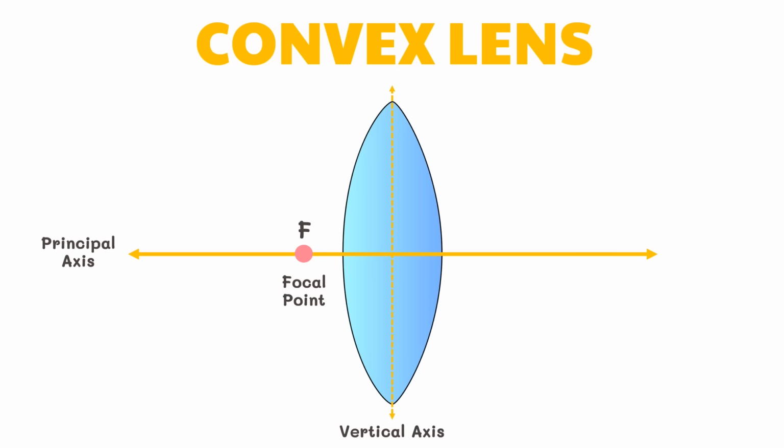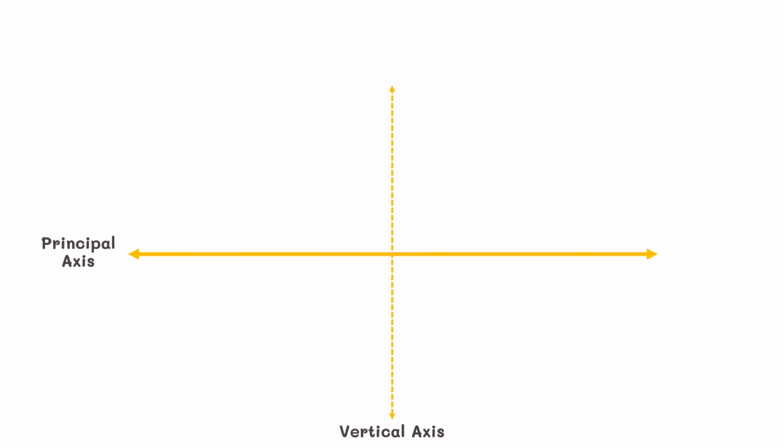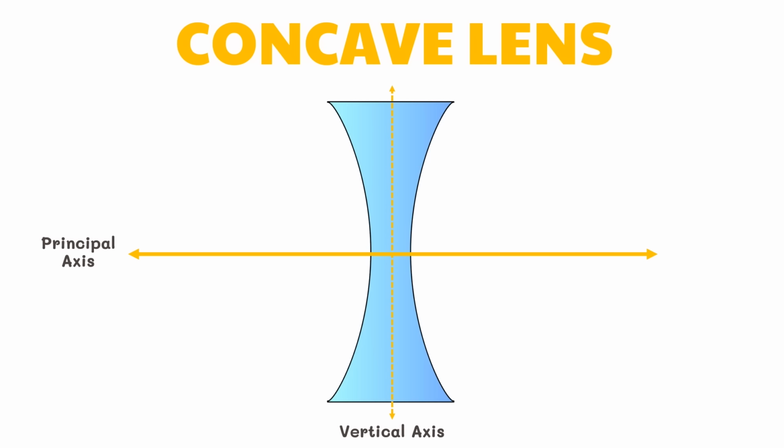Technically, a lens does not have a center of curvature. However, a lens does have an imaginary point that we refer to as 2F point. This is the point on the principal axis that is twice as far from the vertical axis as the focal point is. If the light rays diverge, as in a concave lens, then the diverging rays can be traced backwards until they intersect at a point.